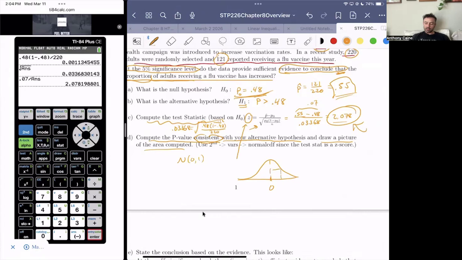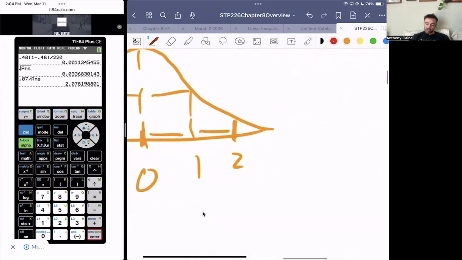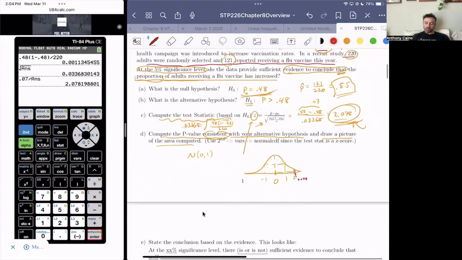I know that this distance here is 1. And my z-score is 2.07. So I'm going to double this distance to get about here. So here's 2, and in fact my value is 2.07, so maybe I'm right there. Now, when I say compute the p-value consistent with your alternative hypothesis, the alternative hypothesis is that we should have been even further away.